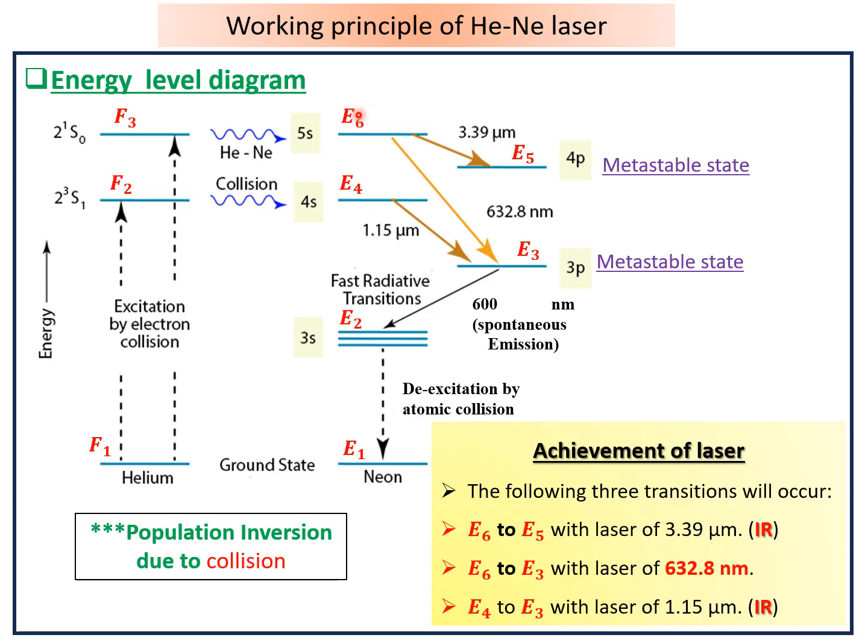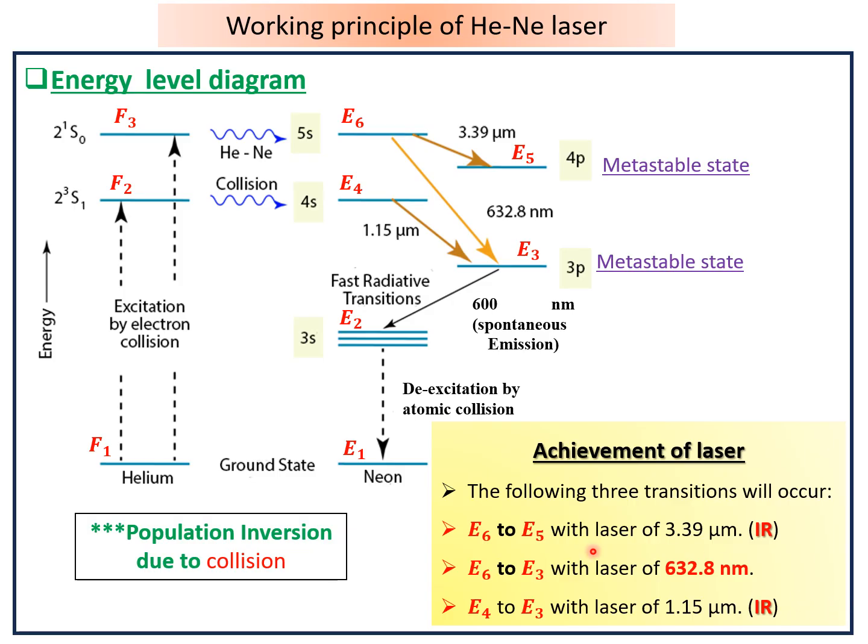The second one is E6 to E3 with laser of 632.8 nanometer, and finally the E4 to E3 transition with laser of wavelength 1.15 micrometer, which is in the IR range.